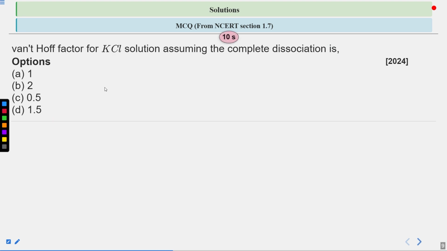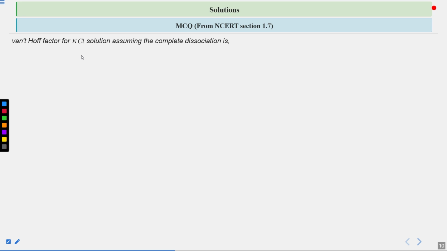You have some time, go through it, and after that we will continue to the correct answer. Okay, let's see. For this given question, the correct answer is option B, that is 2. Let's see how.